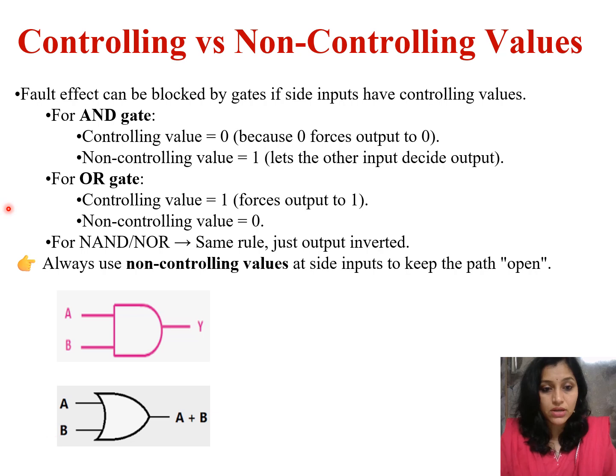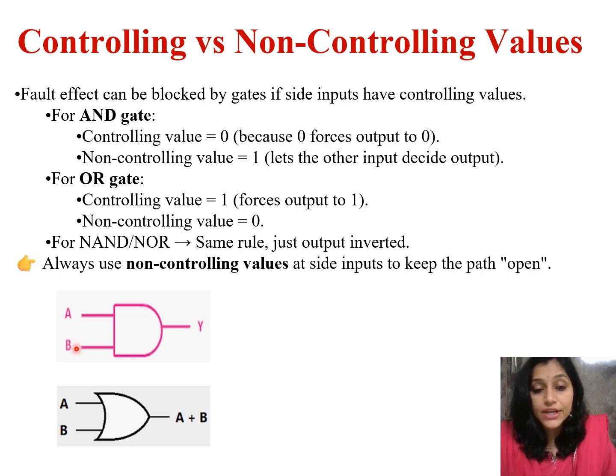So see here, if I have an AND gate, it has two inputs, A and B. If I want to identify a fault present at input A, if I want to check if A is shorted to 1 or 0, then I must apply a value at B which is non-controlling.